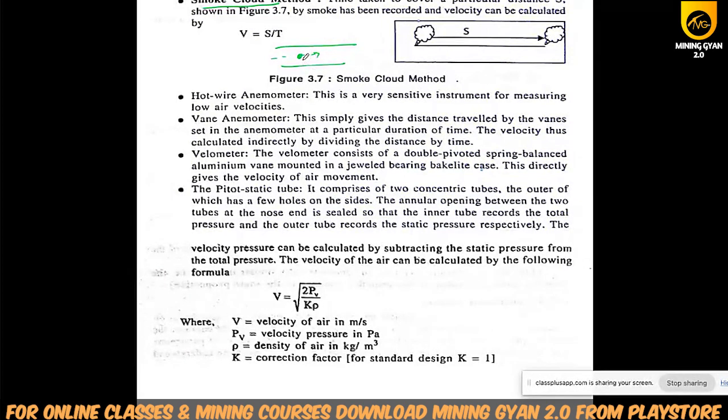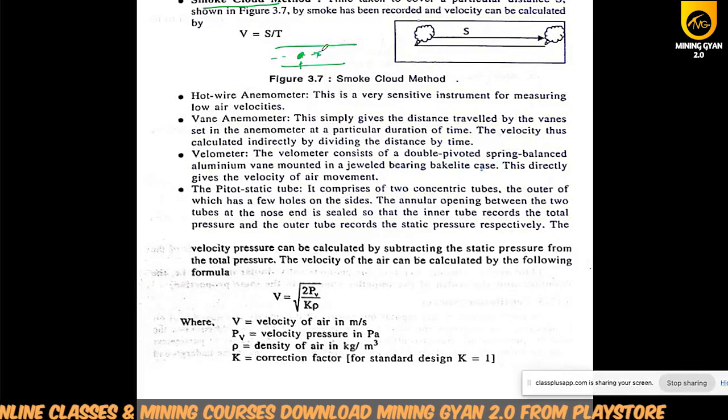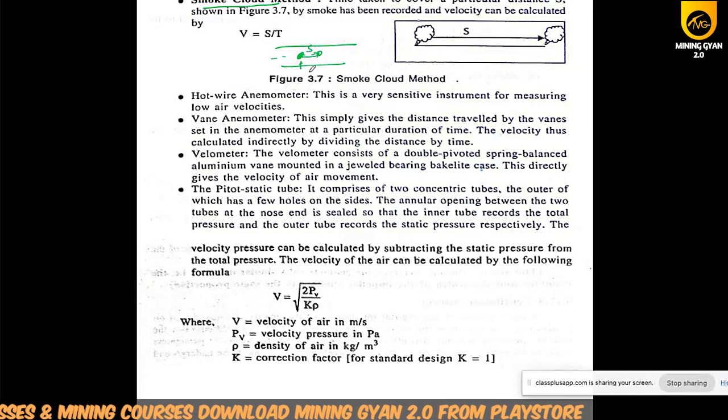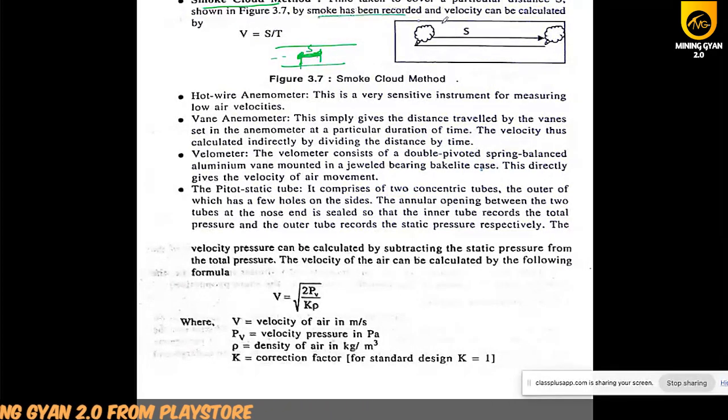In this method, the time taken for smoke to cover a distance, suppose this distance is s, is recorded. This is known as the smoke cloud method. That means the time taken to cover a particular distance by the smoke is recorded, and velocity can be calculated.